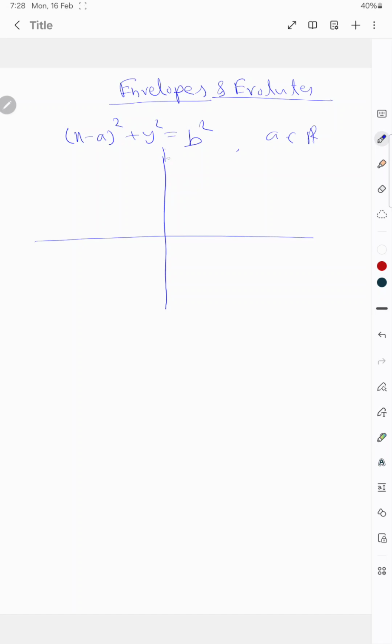Suppose b is some fixed number and you are varying your a. More specifically, suppose this is your 1, suppose this is your minus 1, so you have a circle.